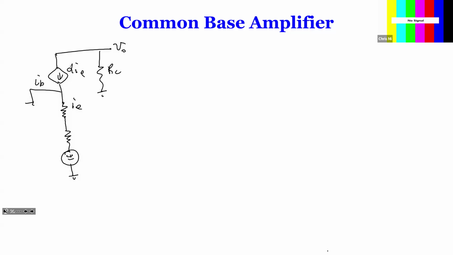So if we look at the equivalent circuit, we can start by defining VO equal to minus RL times alpha times IE. Right? So alpha times IE is IC.